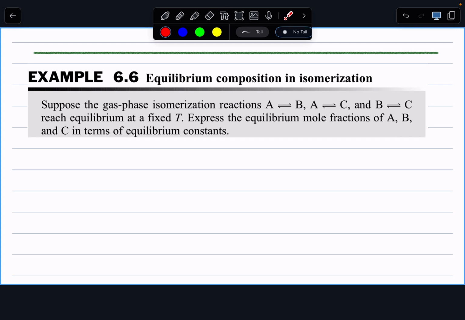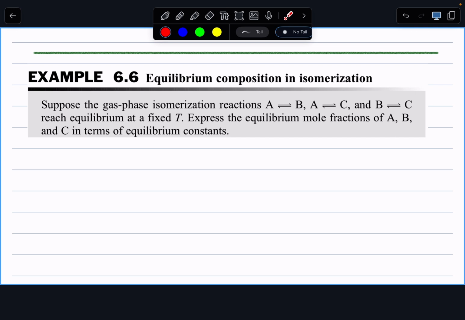So first write down what we want. Secondly, what else do we know about these terms? Using A as an example, we know that chi A for an ideal gas mixture equals the partial pressure of A divided by the total pressure.